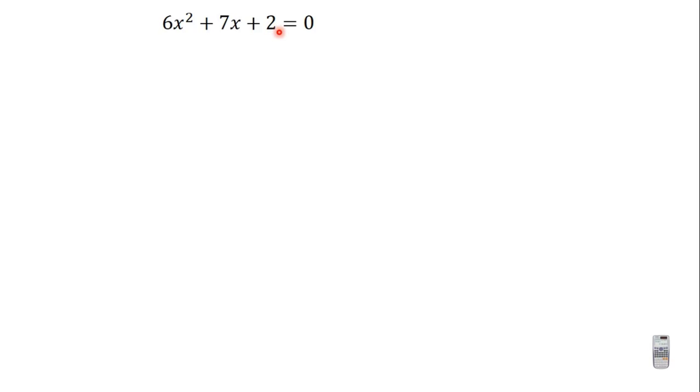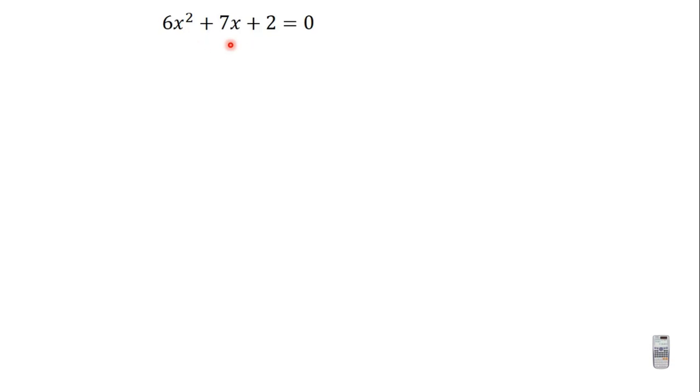So we are looking for two numbers that when you multiply, you get 12. When you add them, you get 7. Once again, in the video on quadratic trinomials and the algebraic expressions, I explained how to factorize quadratic trinomials. So I'll go ahead with the factorization here. If you want to learn how to factorize quadratic trinomials, watch the video on quadratic trinomials and the algebraic expressions, and you will get how to do that.